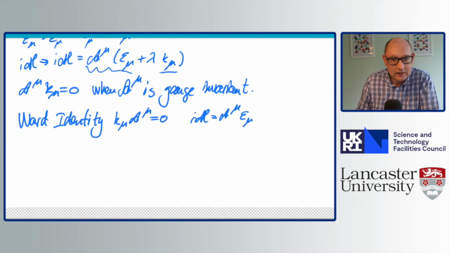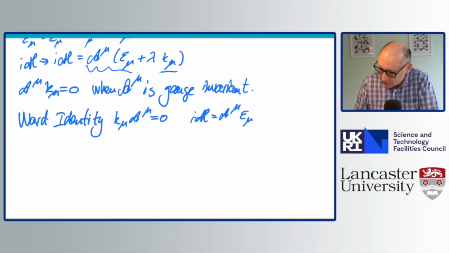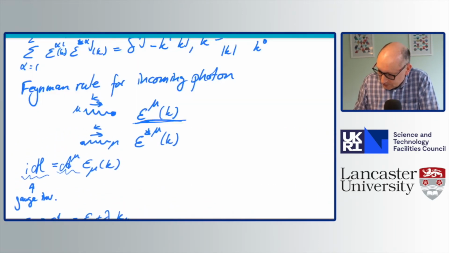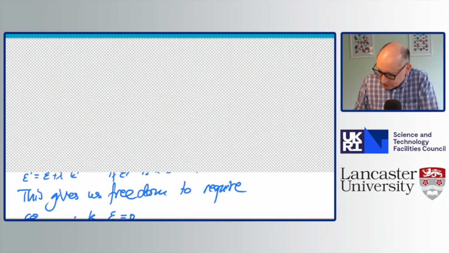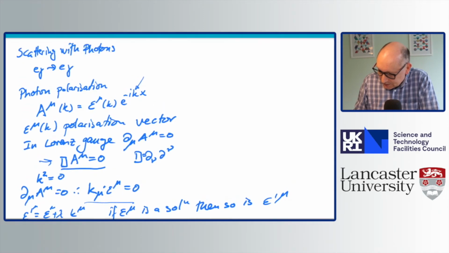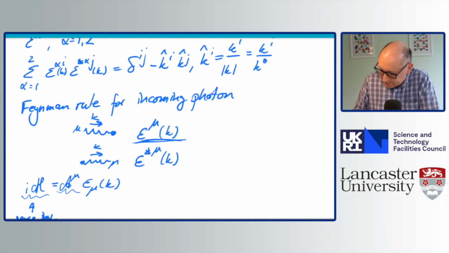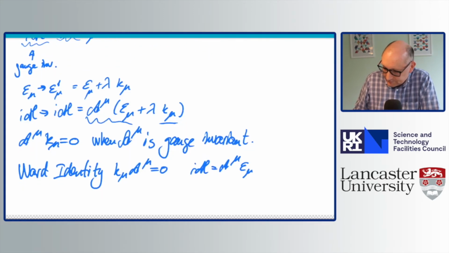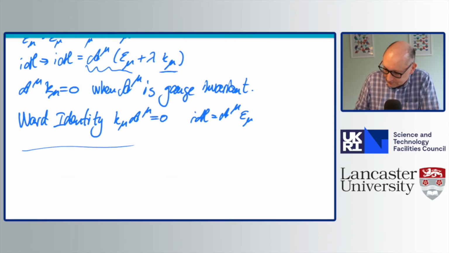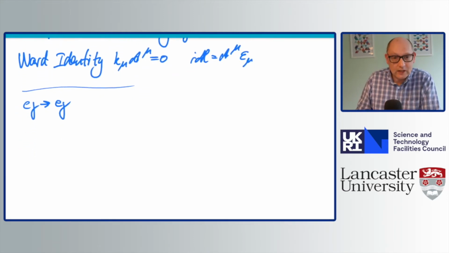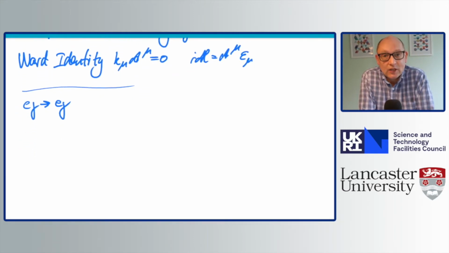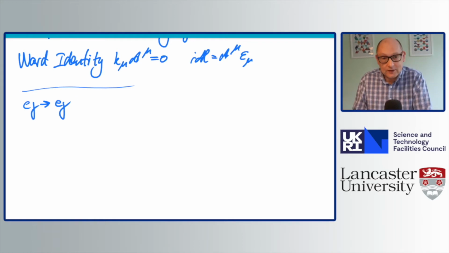So we want to study now the process e gamma to e gamma. In order to calculate the scattering amplitude, we need to first draw all the diagrams. There are two.